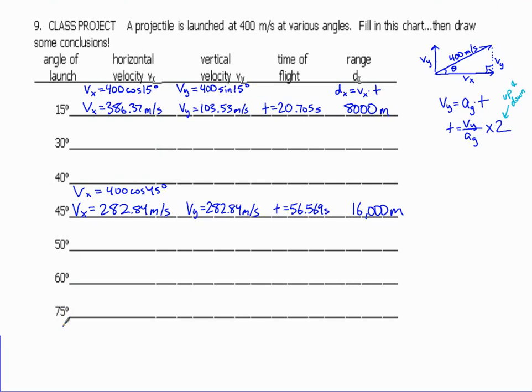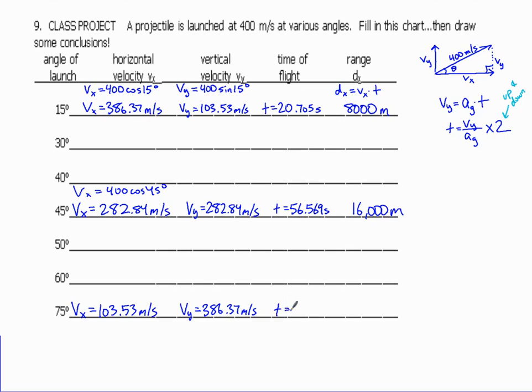Skipping on down, I'll do the 75. The horizontal velocity component comes out to be 103.53 meters per second. The vertical velocity component, 386.37 meters per second. Remember, the time of flight is determined by the vertical velocity alone, not the horizontal velocity.